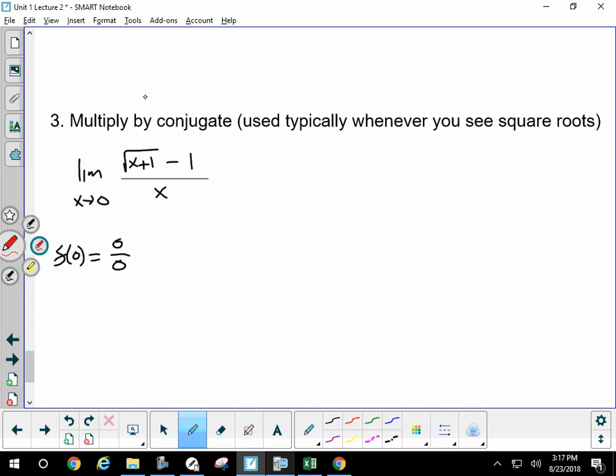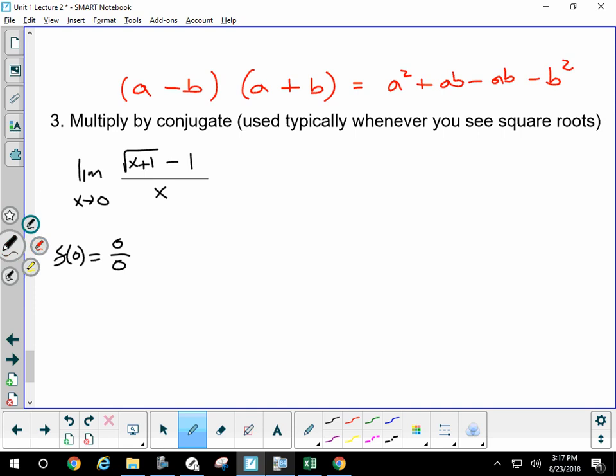Now, how does this help us? Because when we multiply something by the conjugate, it's just the same thing with a different symbol in between. So if it's a minus, you put a plus. If it's a plus, you put a minus. The reason why we do this is because it ends up being a difference of squares, where we have a squared plus ab minus ab minus b squared.